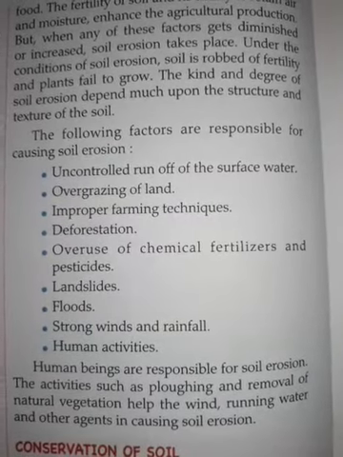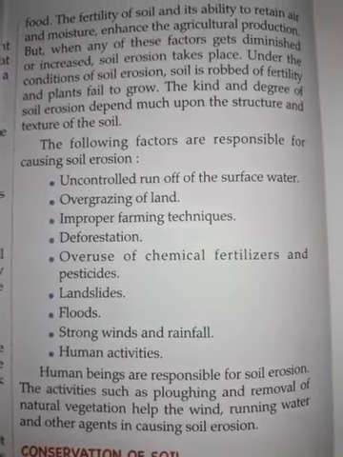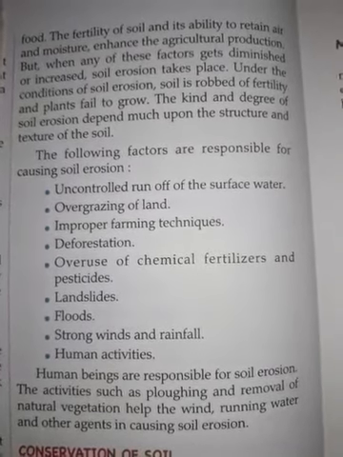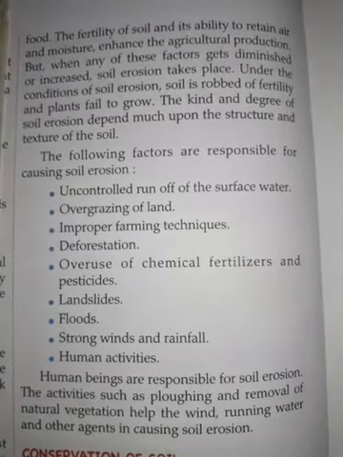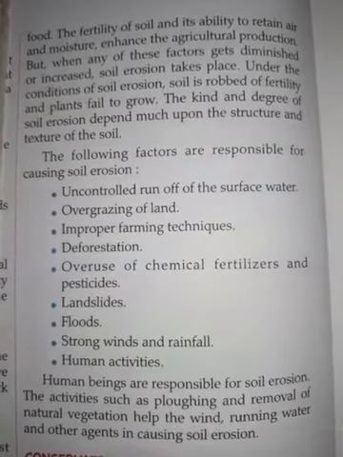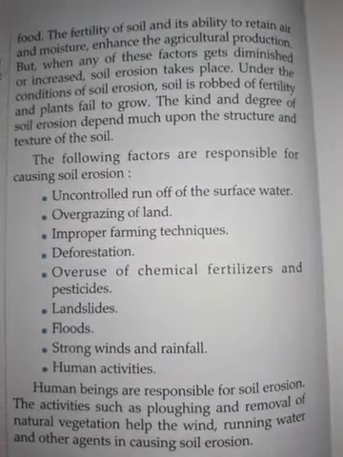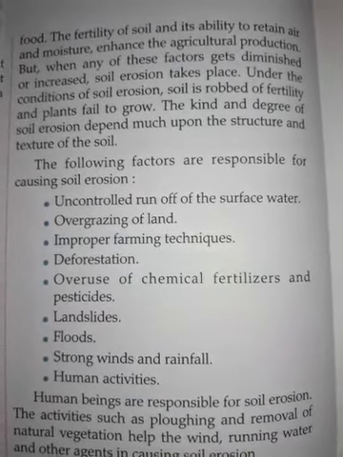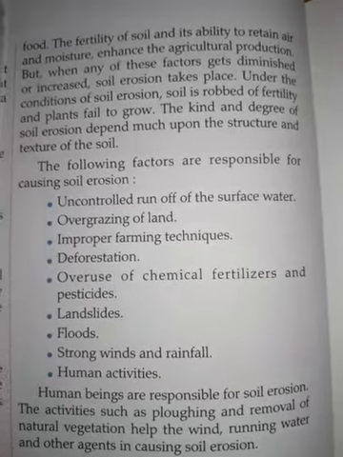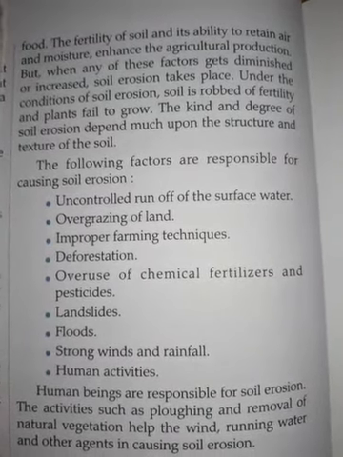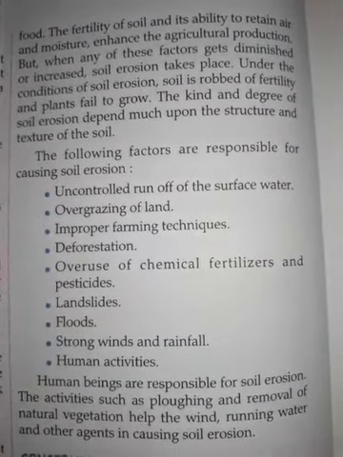Nowadays, human beings are the main factor responsible for soil erosion, because human beings are using fertilizers and pesticides in their fields, which decreases the fertility of the soil, and also they are overutilizing the soil by growing only one type of crop, and also non-leguminous crops.